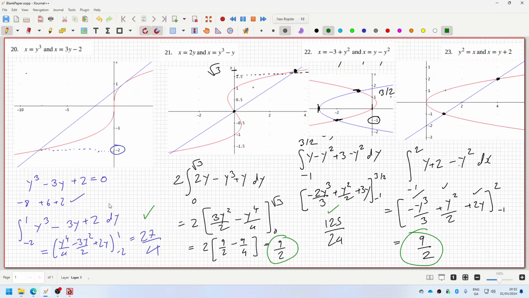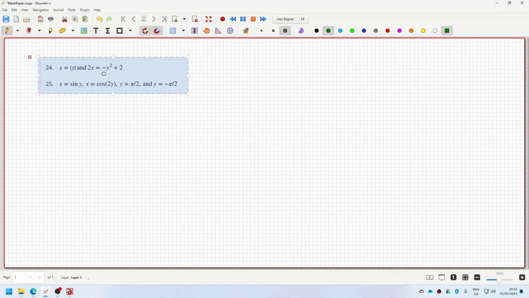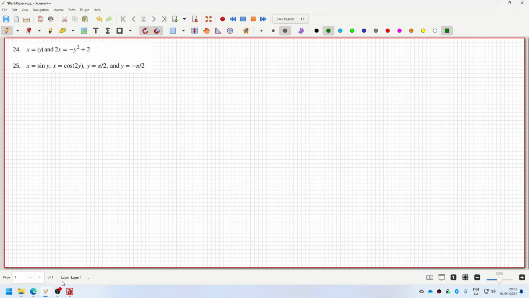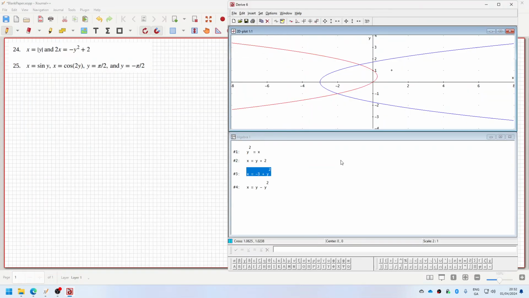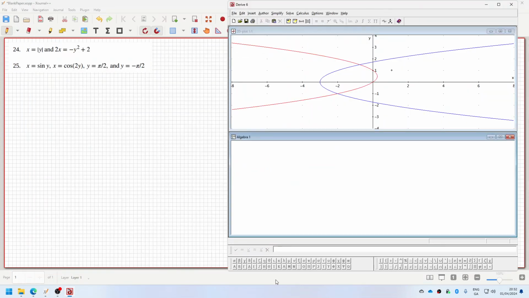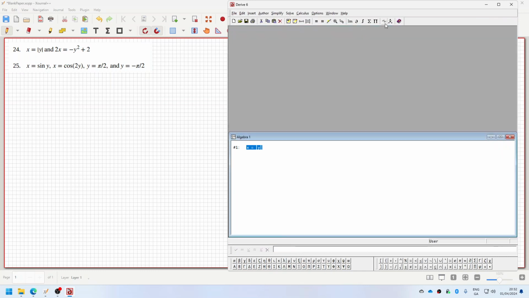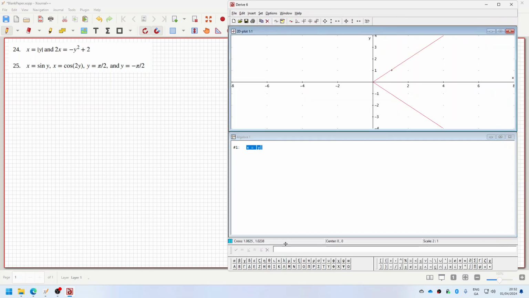Okay, let's get these last two from this block done. So x equals absolute of y, and then 2x equals minus y squared plus 2.